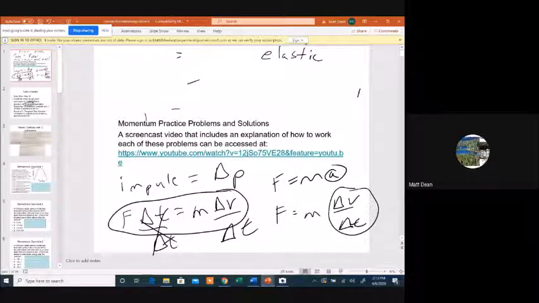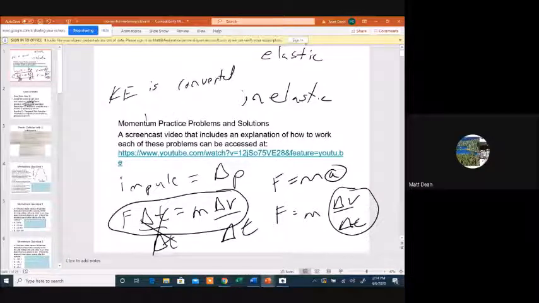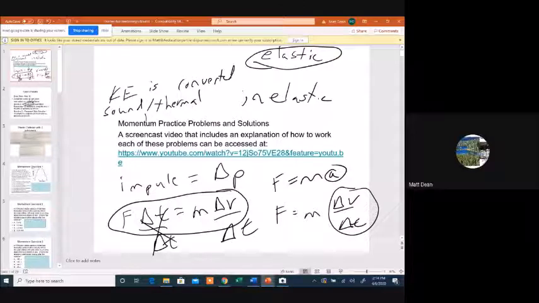In inelastic collisions, momentum is conserved, it's always conserved in a closed system, but kinetic energy is not. So during inelastic collisions, some of that kinetic energy is converted to either maybe sound energy or thermal energy, heat. Whereas in an elastic collision, the kinetic energy before is equal to the kinetic energy after.